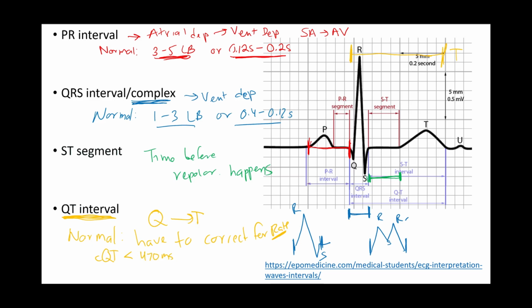But there is a way to eyeball it and kind of guess whether the QT interval is within normal limits or not, just looking at the EKG, and that is to check if the QT interval is less than 1/2 of the RR interval. We'll see more of this in the following slides when we get some practice.